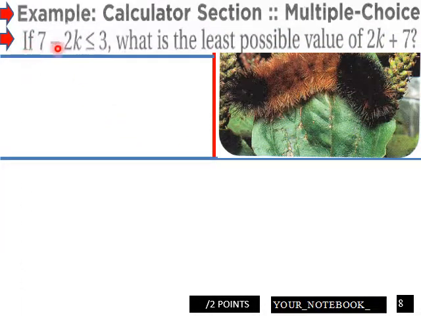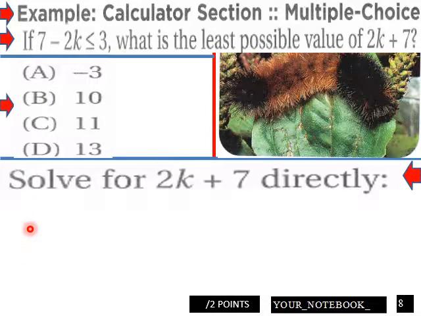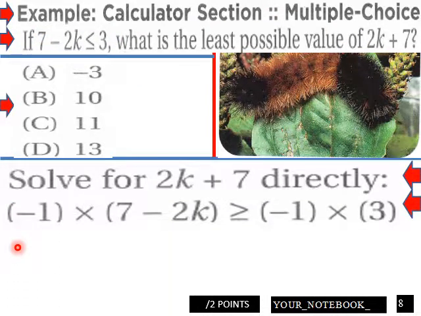Calculator section, if 7 minus 2k is less than or equal to 3, what is the least possible value of 2k plus 7? We have an inequality here. Solve for 2k plus 7 directly, and then we have negative 1 times 7 minus 2k is greater than or equal to negative 1 times 3.